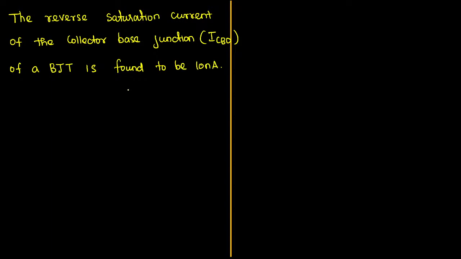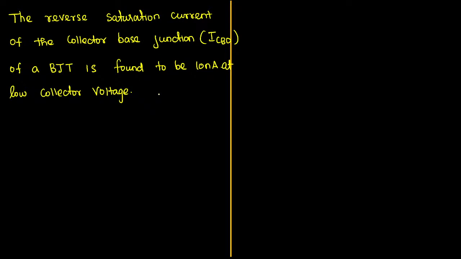Next, at a low collector voltage, they are telling that they found this at a low collector voltage. Of course, they are talking about reverse saturation current. This voltage must be very less.